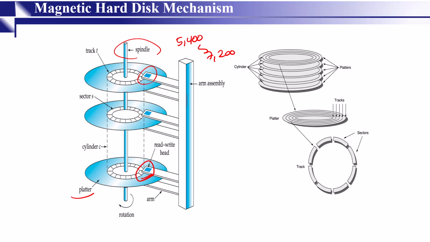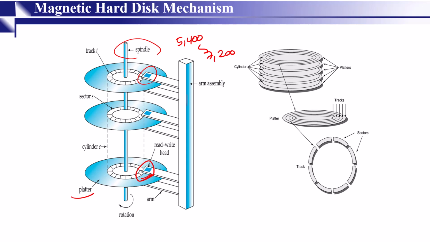This moves the read and write heads across the platter surface. It is controlled by a motor to position the heads over the correct location of the disk. Then we have controllers, and the controller processes the commands for reading and writing data and manages the movement of the actuator arm and the rotation of the platters.